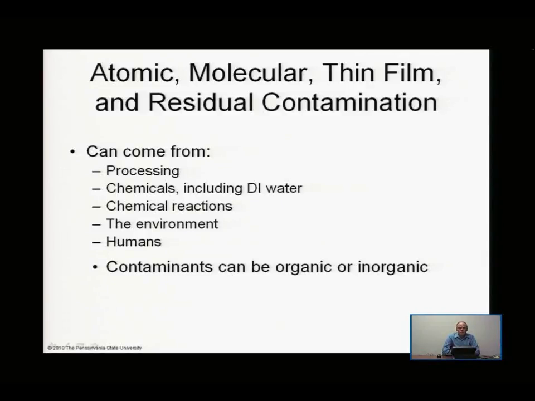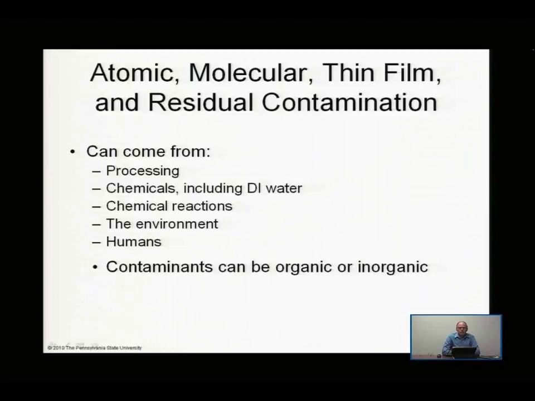And the chemicals that are being used, even including DI water, if it's not being properly monitored, can be a source of contamination. Remember, DI water should be 18 megaohm centimeter to be really good deionized water. And it also has to be free of viruses and bacteria. And so you have to really make sure that the DI water, as is the case for all chemicals, that the purity is very carefully controlled.